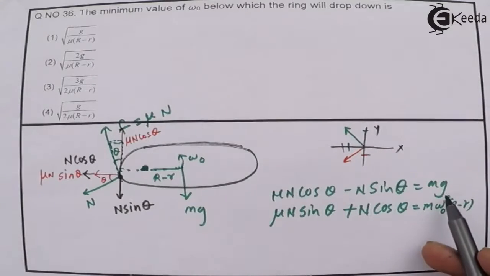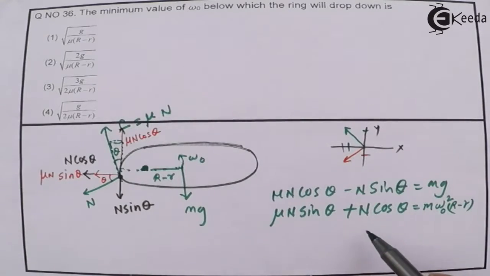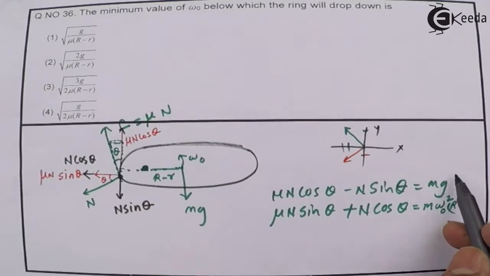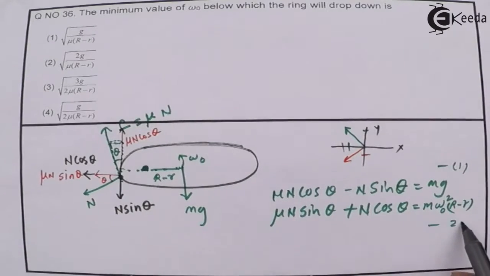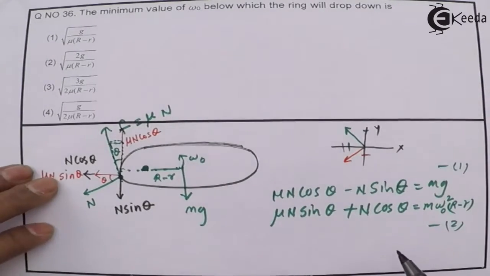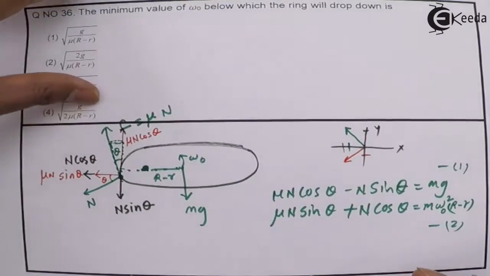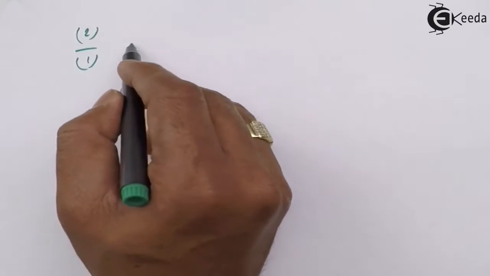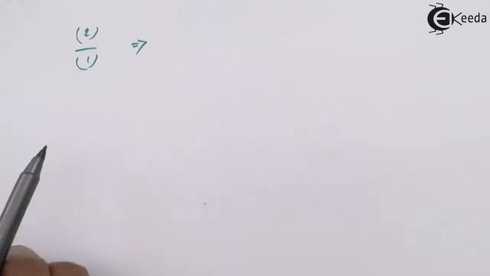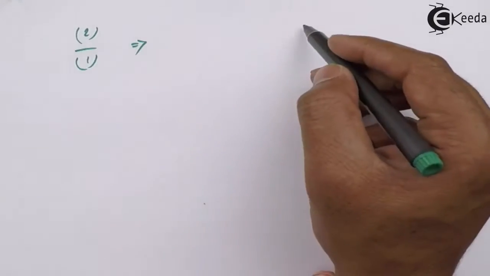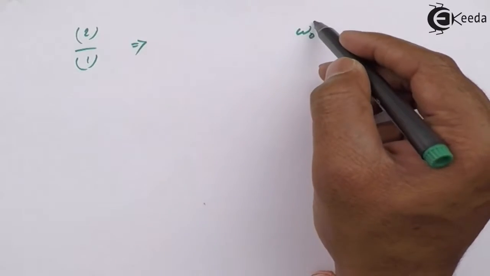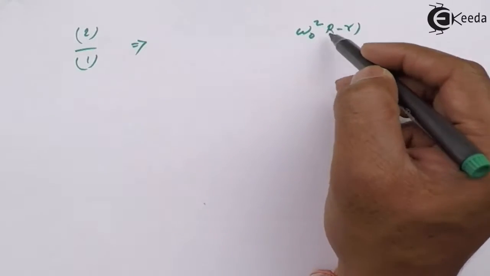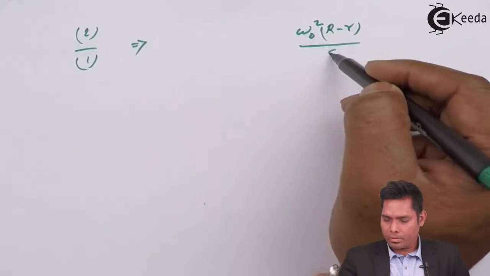If I divide these two equations, equation 1 and this is equation 2, if I divide 2 by 1, what will I get? Equation 2 divided by equation 1 will give me, this right side will give me omega naught square (R minus r) divided by g.